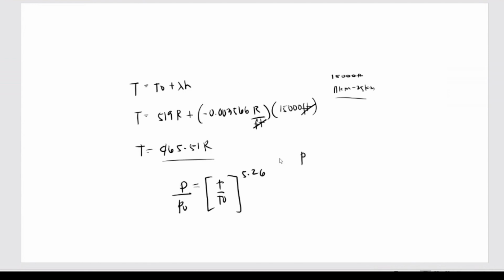So P is equal to P sub O, that is 2116.8 pounds per feet squared, times 465.51 Rankine over 519 Rankine raised to 5.26.